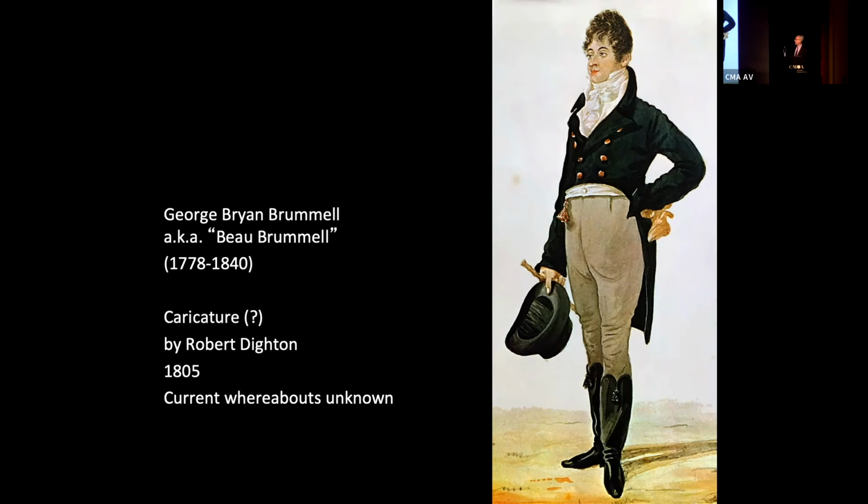This is what people usually say is a caricature of Brummel, and I can see why. He looks a little supercilious here, but you can see that he's wearing buckskin breeches that show off the legs quite nicely, as do these boots, a very carefully tailored jacket, and this high collar, which would be boned with whalebone like a lady's corset or stays.